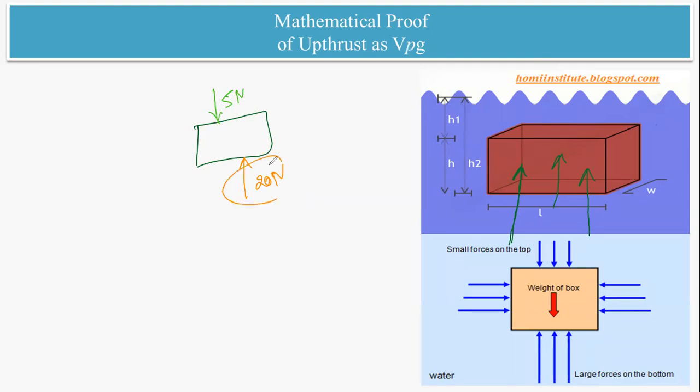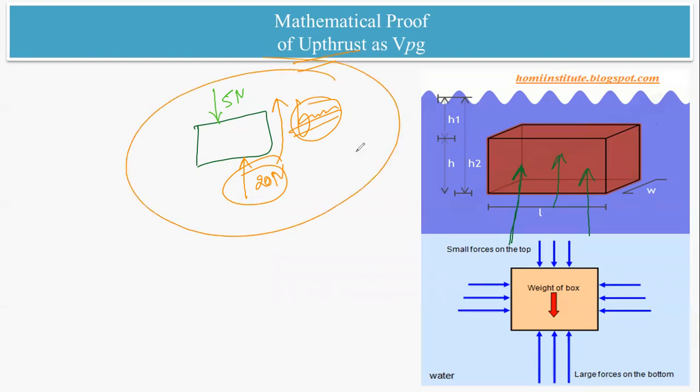Obvious thing is that 20 Newton will be greater, and because of that, the action will be in the upward direction, and this upward directional action creates or causes that force, and we name that force the upthrust. So this is the condition of the upthrust, or this is the cause of the upthrust.